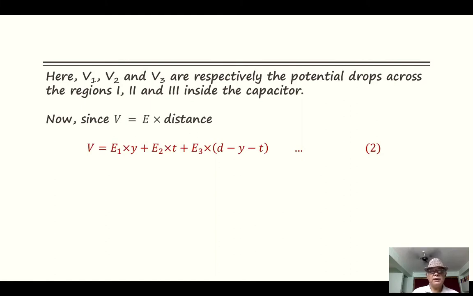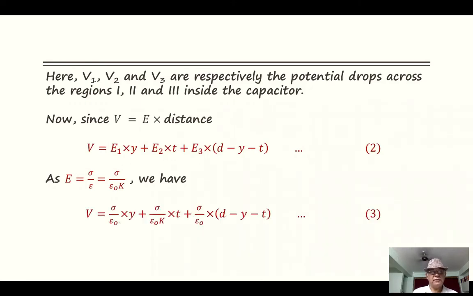Here E1, E2 and E3 are the electric fields in the regions 1, 2 and 3 inside the capacitor. As electric field E is equal to sigma by epsilon, that is sigma by epsilon naught K, where epsilon naught is the permittivity of free space and K is the dielectric constant of the slab, we have V as given by equation 3.